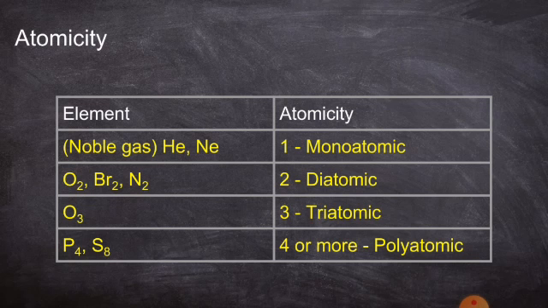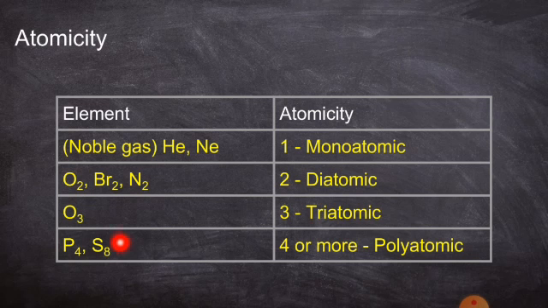So there is an involvement of 2 atoms in molecule formation. So that's why it is a diatomic molecule. In the third case, ozone, there is an involvement of 3 atoms of oxygen. So it is said to be a triatomic molecule. If more than 3 atoms are involved in molecule formation, then it is said to be polyatomic.